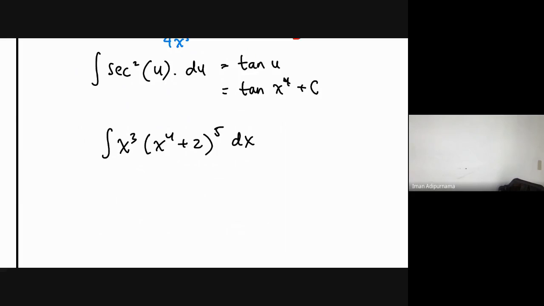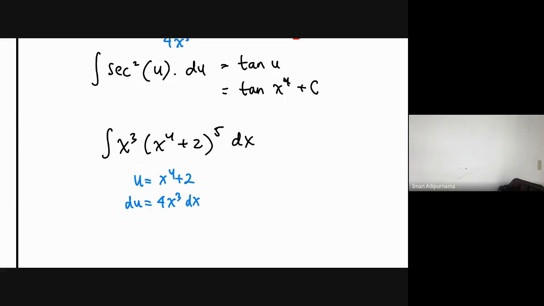Okay, so you can substitute this, and you can have du is 4x cubed dx, and the x cubed will cancel, right? So the idea for u substitution, you substitute x with u. You substitute this part, x to the 4 plus 2, with u, and the important thing is you need to change all x into u.